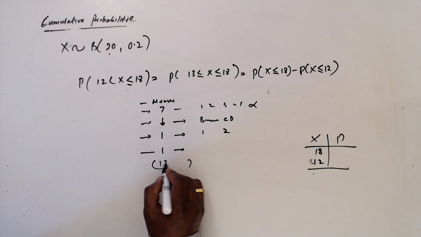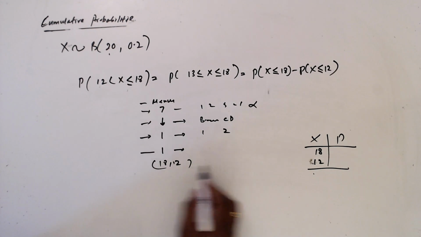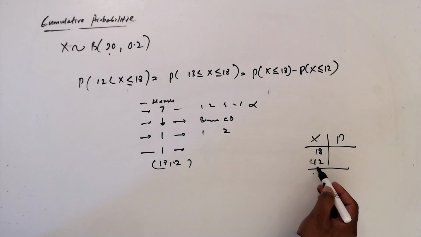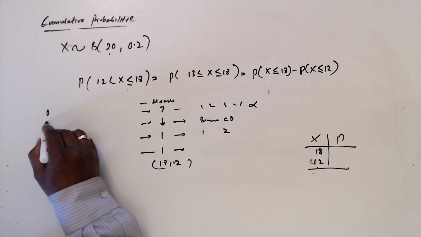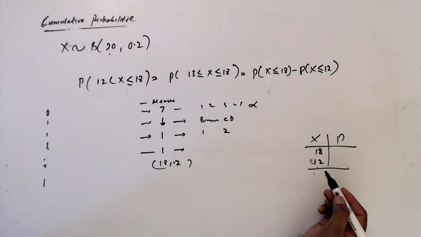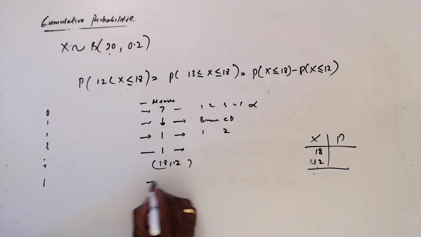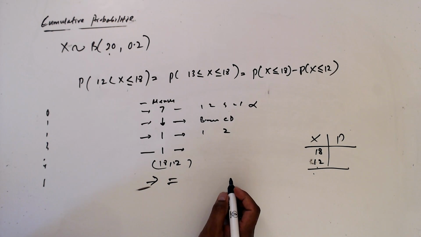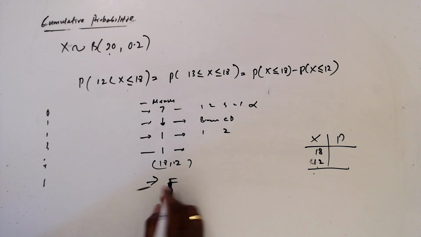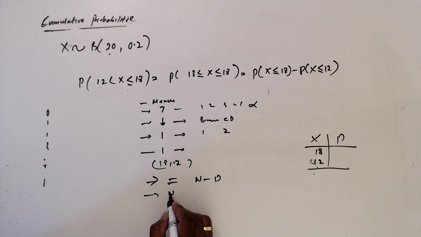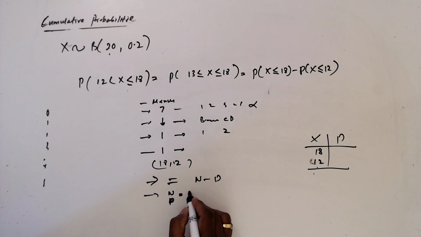So you enter 18 and 12. This time we did the bigger one first, and usually we put ascending order, 0 1 2 3 4 5. Now I put it the other way around, it doesn't matter. Then press the equal sign, and it will ask for n and p again. So n is 20 and p is 0.2.